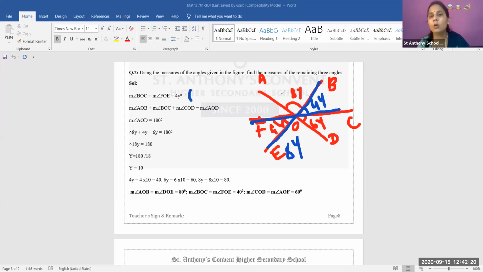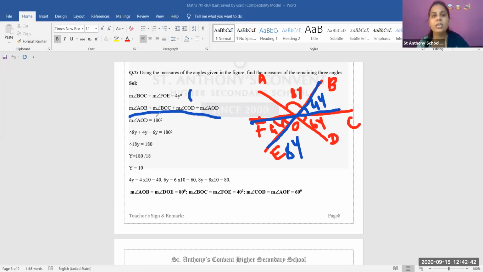Now angle AOB is 8y, BOC is 4y, and COD is 6y. So 8y plus 4y plus 6y is equal to 180 degrees.